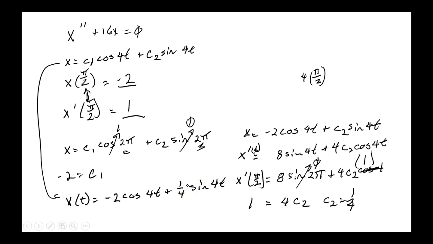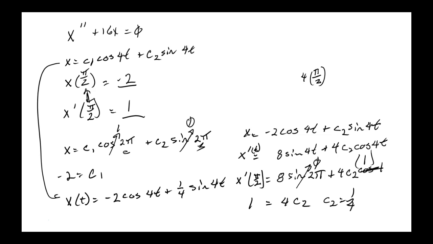And you don't need a plus c or anything else. You have plugged in the parameters, plugged in the initial conditions to determine what parameters you are, so you don't need any constants anymore.